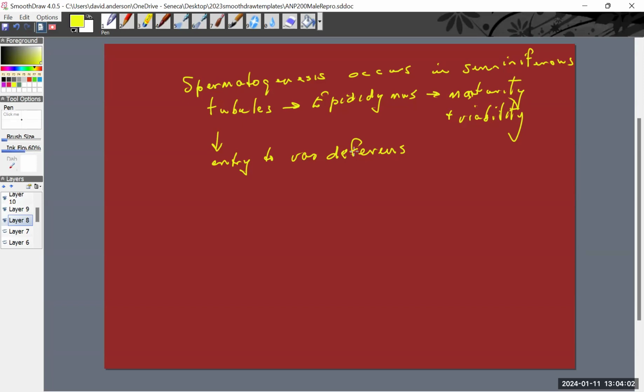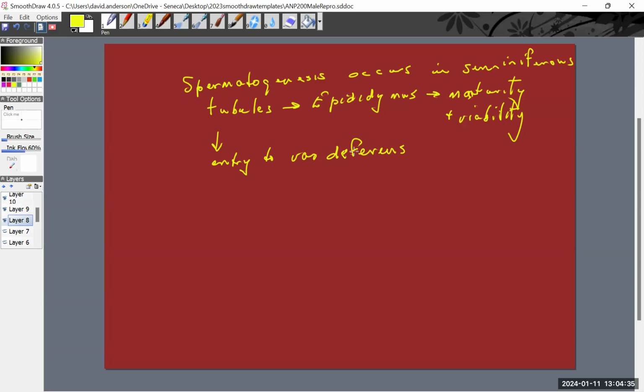So the ductus deferens, of course, is much less coiled. So it's more of a delivery system at this point. It's an extension of the epididymis. It's continuous from the testes. So the whole duct system in the male system is continuous from seminiferous tubules into that rete testis that I mentioned that funnels into the epididymis, and that's tightly coiled and then uncoils as it becomes the vas deferens.